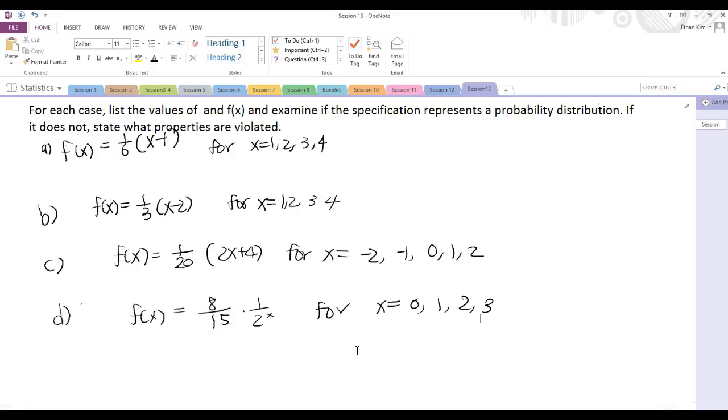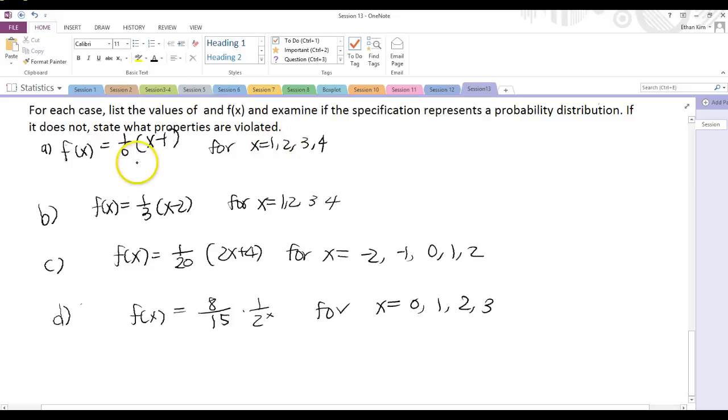So let's do this now. For part A, these are very easy because you're given a random variable x and the function, and you're supposed to plug in values. It gives you 1, 2, 3, and 4. So you just plug it in.